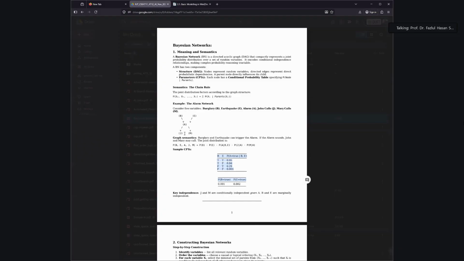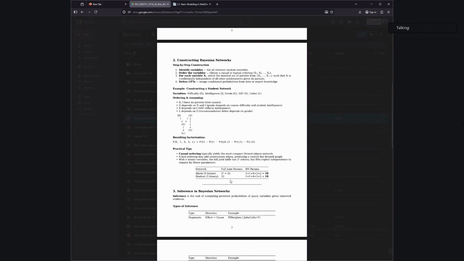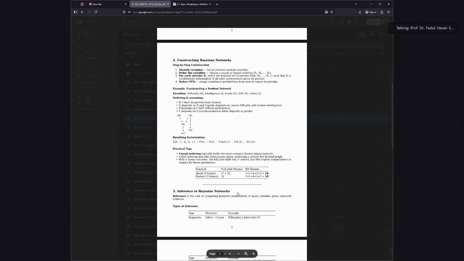If you feel any difficulty, you can tell me. But other than that, I think it's very simple. The Bayesian network: what is this? Why is this? And how is this? There could be an example problem exactly similar to this one, and then you have to find out the Bayesian probability or the Bayesian network things using this one.